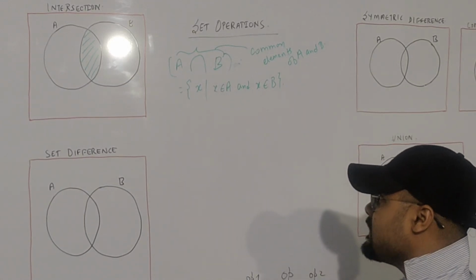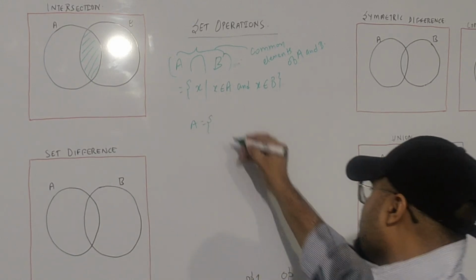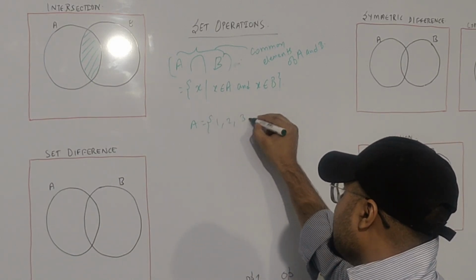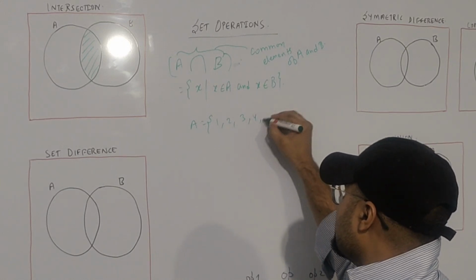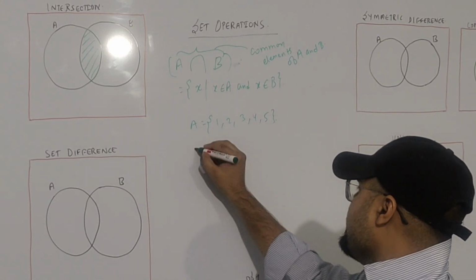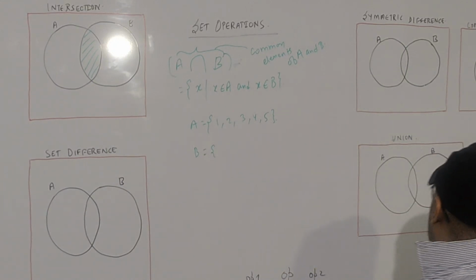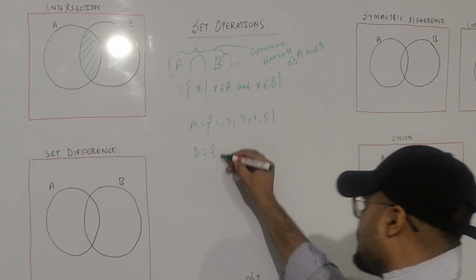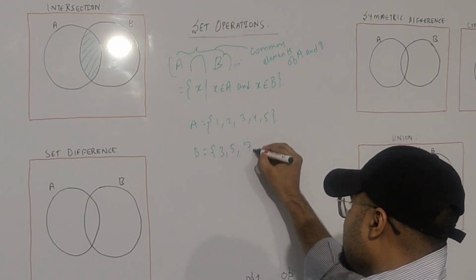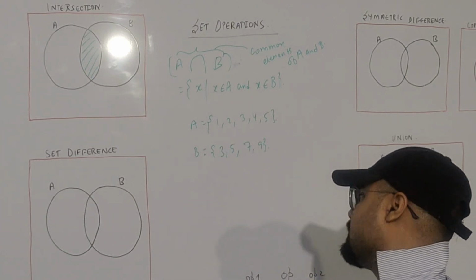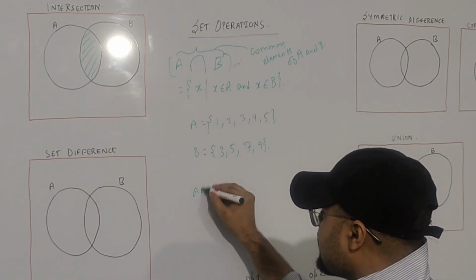For example, if A is, let's say, {1, 2, 3, 4, 5} and B is, let's say, {3, 5, 7, 9}, then what is the set A intersection B?